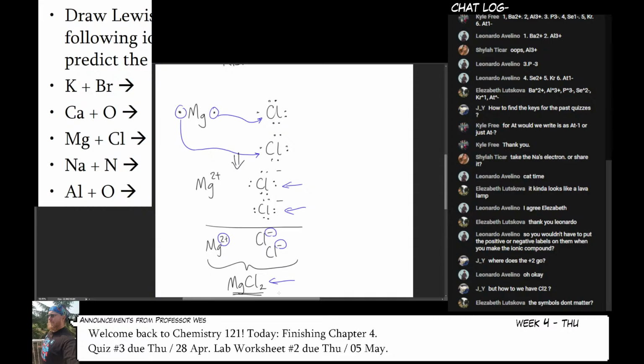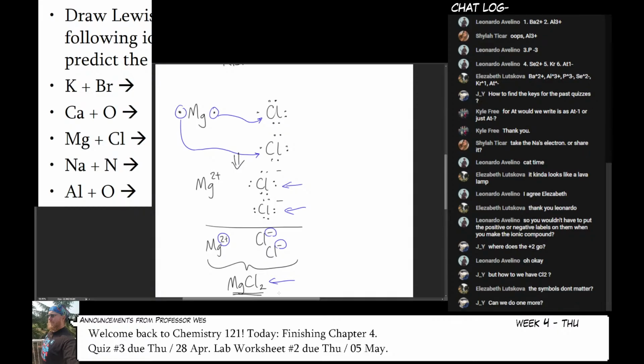So what I want you to do, I'm going to leave this on the board as a little guide here. I want you to do the Lewis structure in this manner for all the other ones that we haven't done. So we did KBr. And we just did MgCl2. So I want you to do calcium plus oxygen, sodium plus nitrogen, and aluminum plus oxygen.